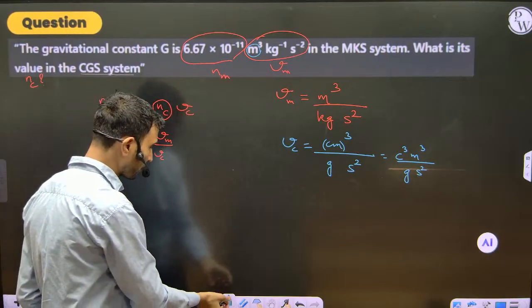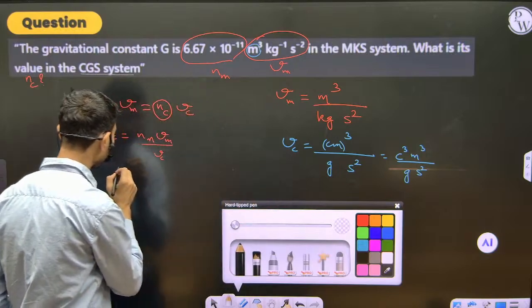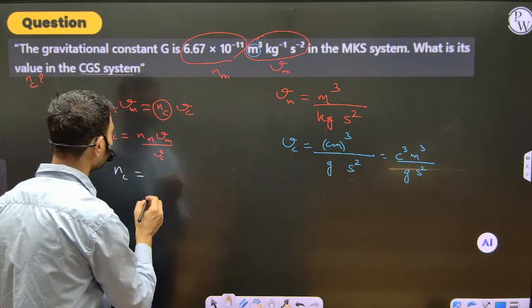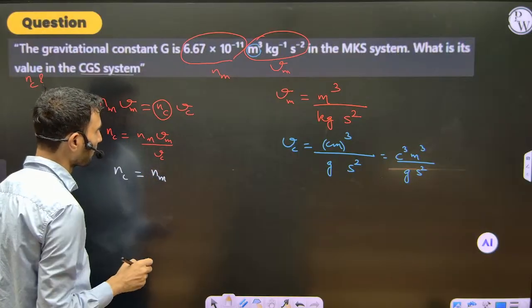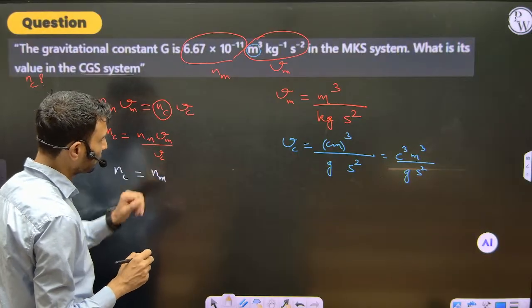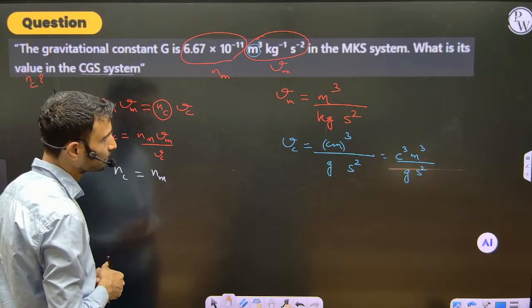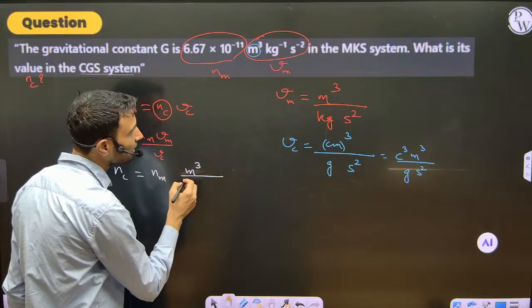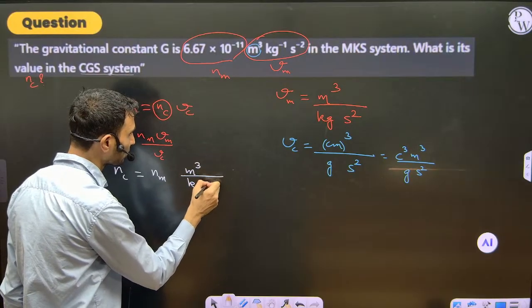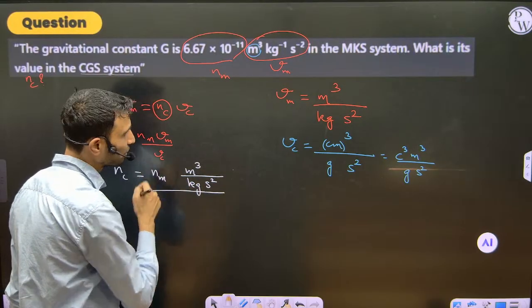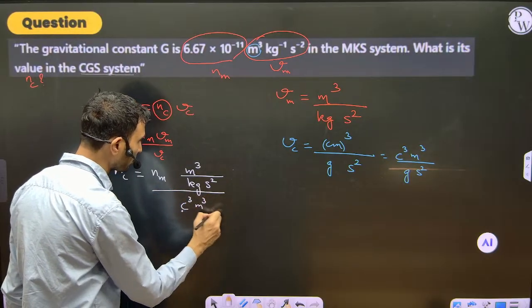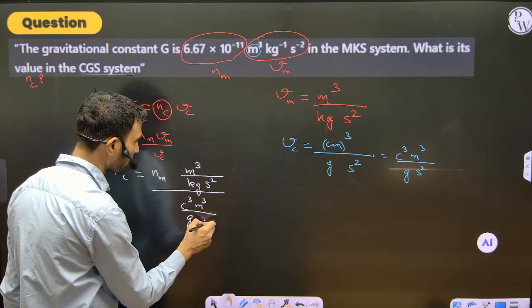Now let's start putting in the values to get our value of NC, which is coming out to be NM. Let's see UM. UM is meter cube divided by kg into second square, whole divided by UC. UC is centi cube, meter cube, whole divided by gram into second square.